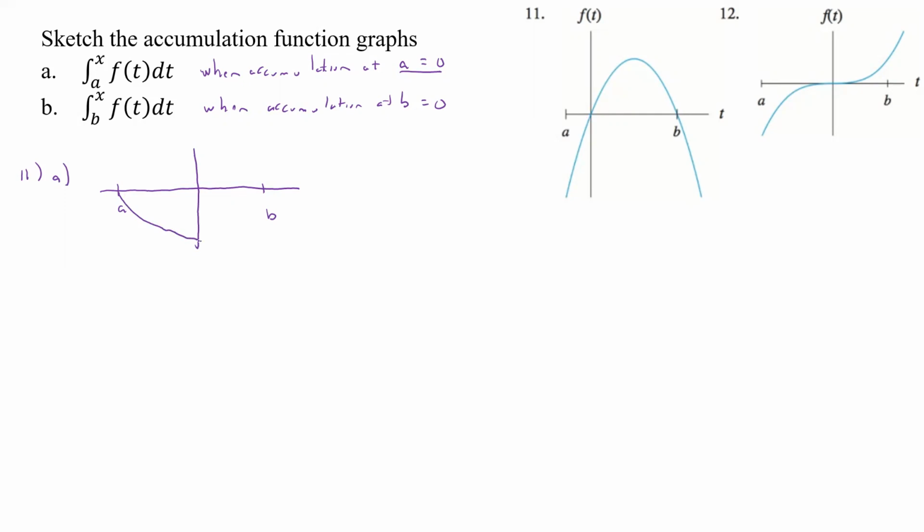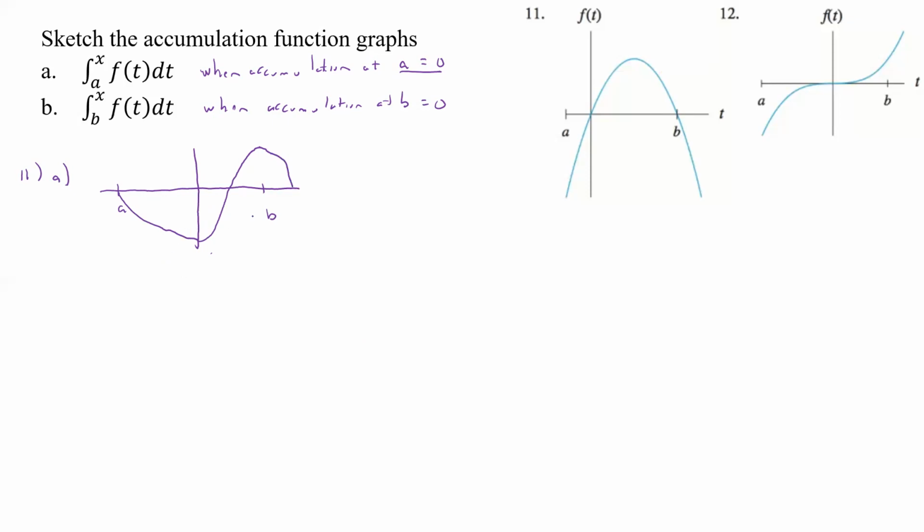And then after that, we're going to start going up, and we're going to hit a max at our B, because that's where the max is. Here it was an inflection point, so our inflection point is somewhere here. And then after that, we're going to start coming down again until we hit our axis. That's probably going to disappear, so I'll draw it again. All right, so that's what it's going to look like.